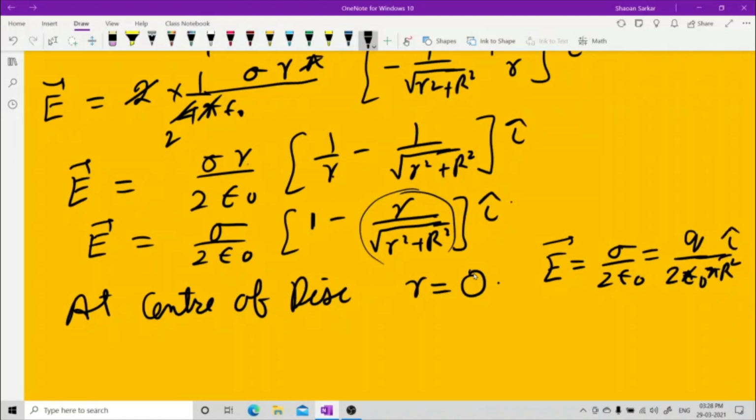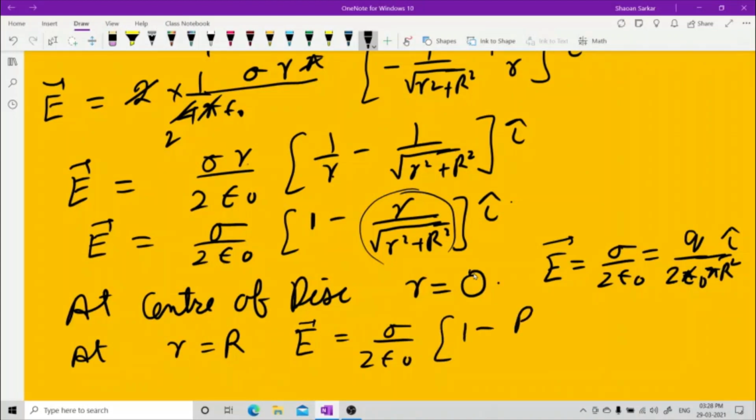Suppose now at r equal to R, what will happen? See, E will become sigma upon 2 epsilon naught, 1 minus r upon under root r square plus R square, i cap. This term is R square plus R square in the under root.